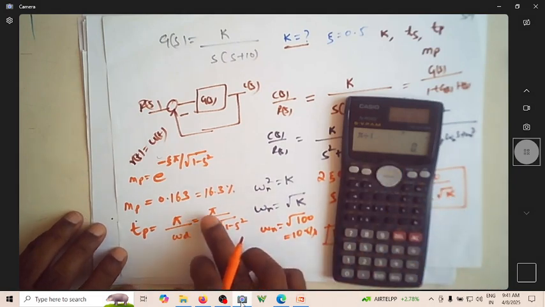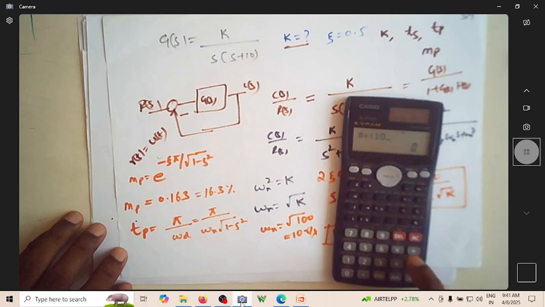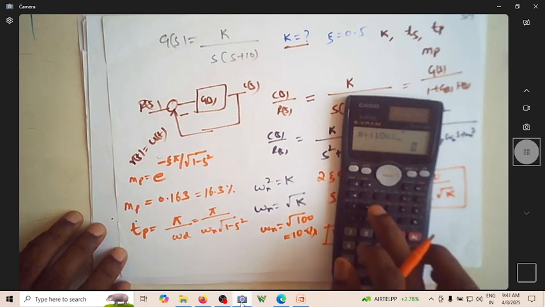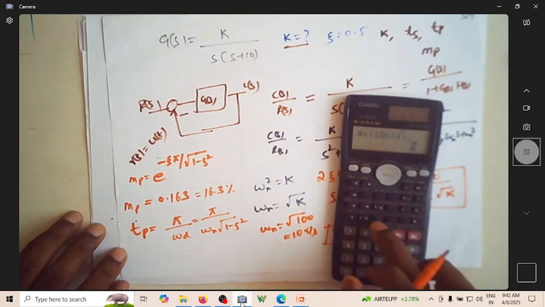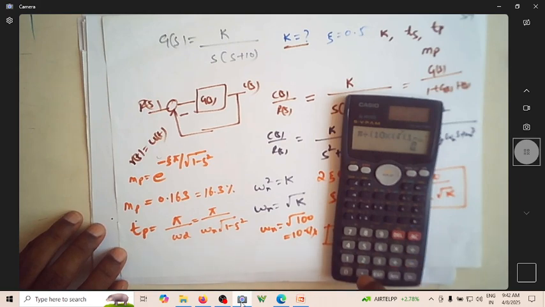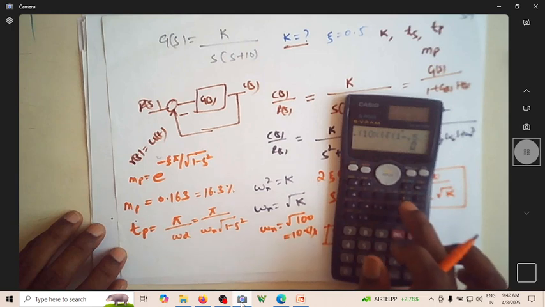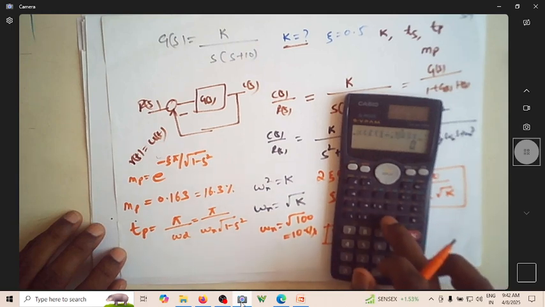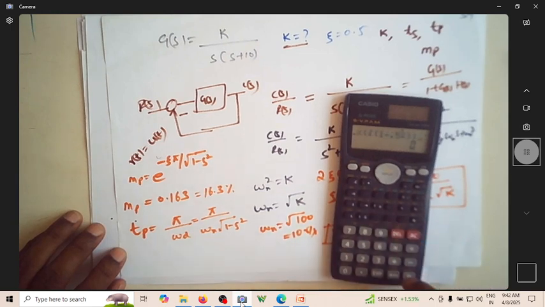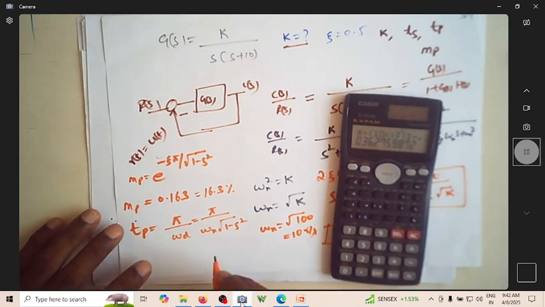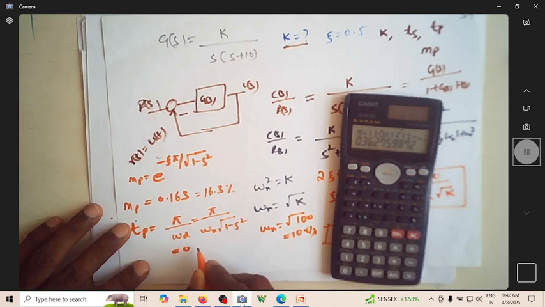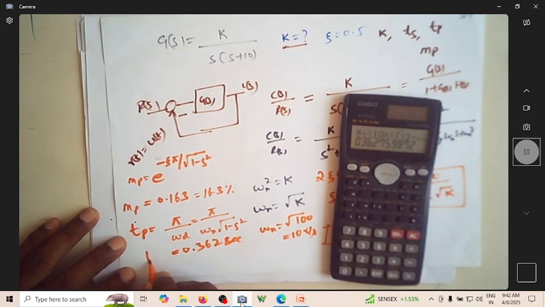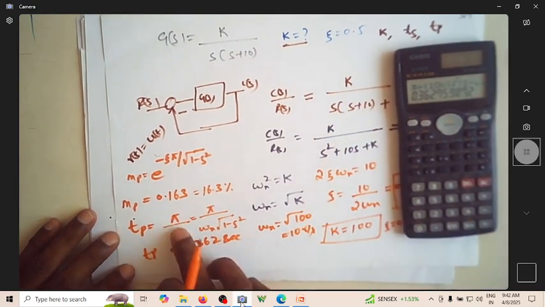So it is pi by 10 into the root of 1 minus 0.5 whole square. This comes out to be 0.362 second. This is my peak time, pi by omega d.